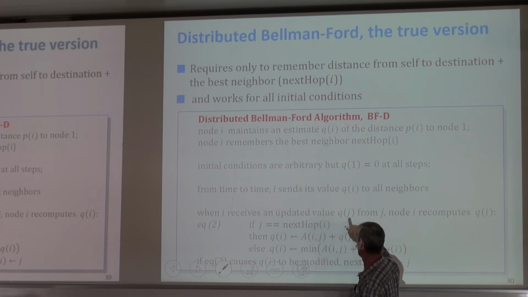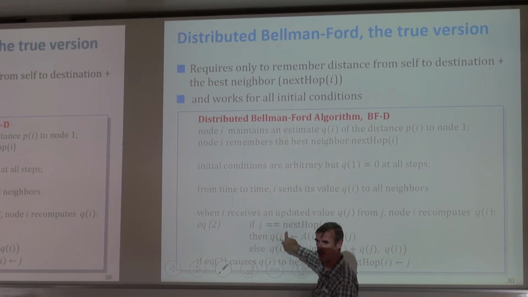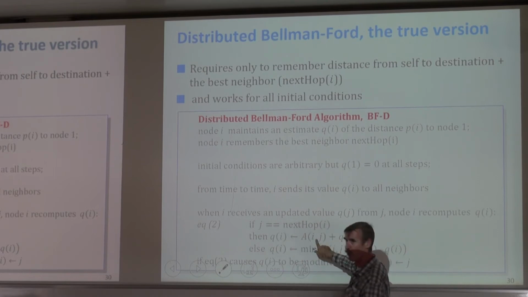When I receive an update from J, I treat differently the case where J is the next hop. If J is the next hop and sends me an update, Q of J, I adopt it without discussion.